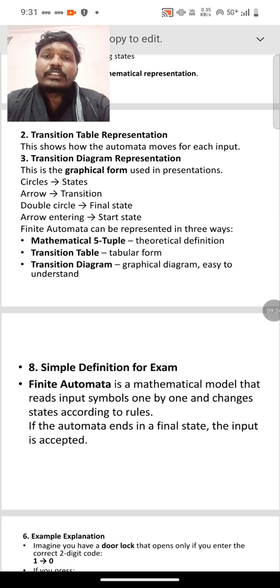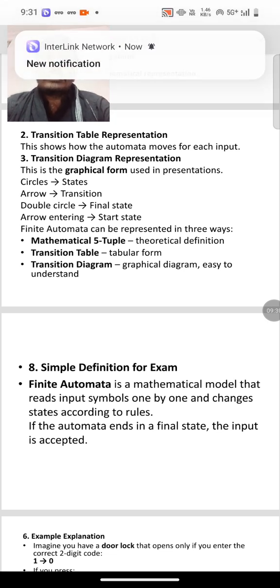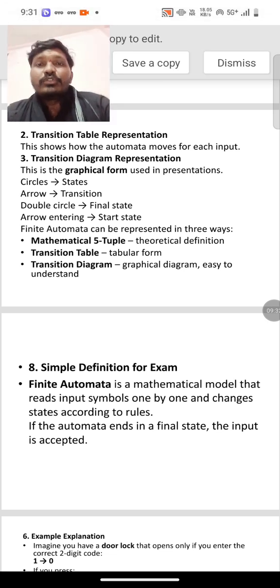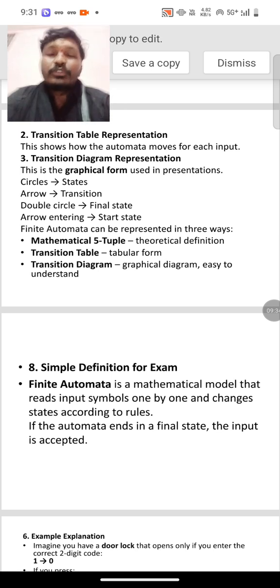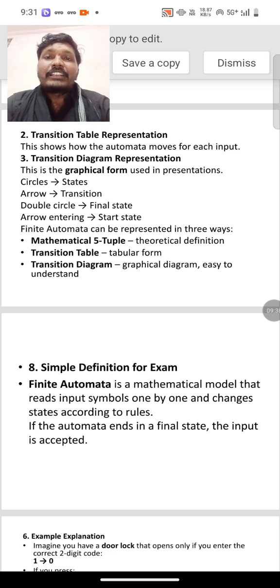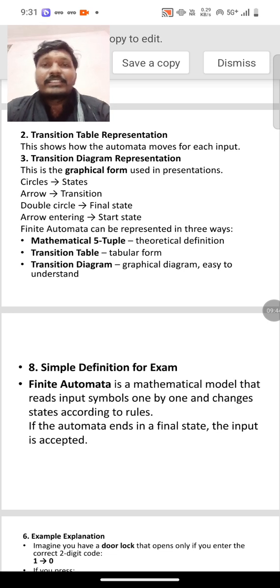And once again we can give 1, we can move from Q1 to Q2. Likewise, it takes the input and moves to the final state. Then the string is accepted. Otherwise, it is going to the dead state or non-final state.